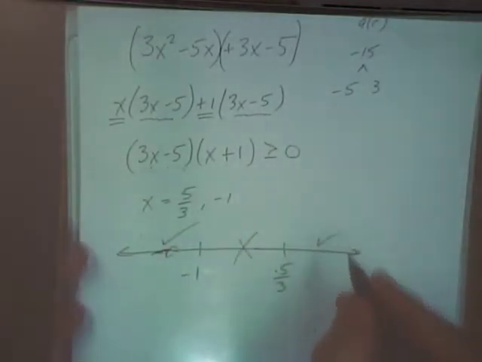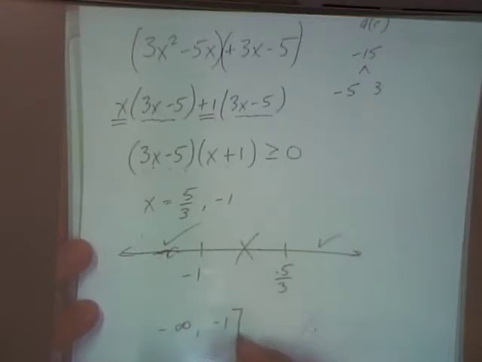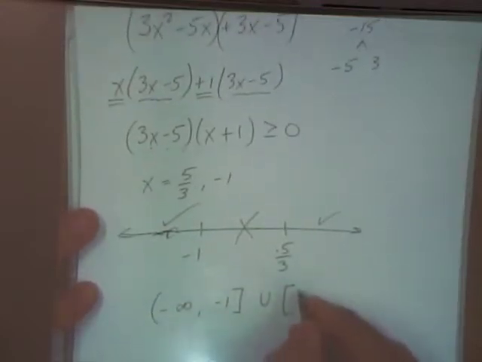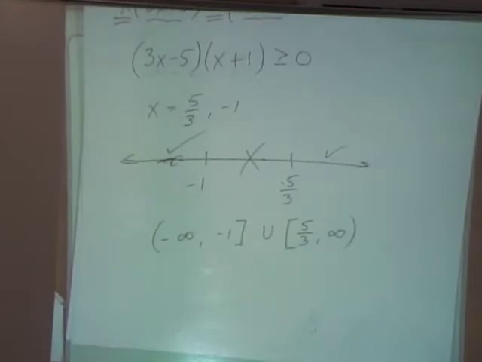So you get negative infinity all the way up to negative 1, including the negative 1, union 5/3, comma, infinity. So that looks like D.